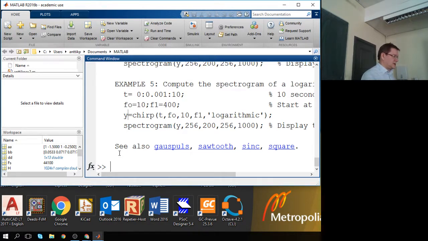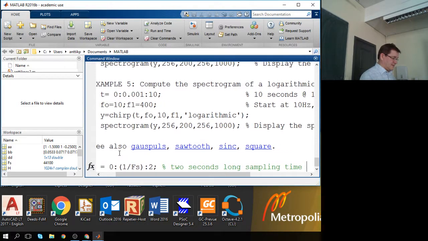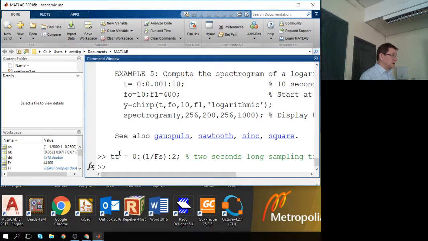So T, sampling time vector, from 0 with a time step of 1 over fs to, for example, 2 seconds. Sampling time vector. Good.